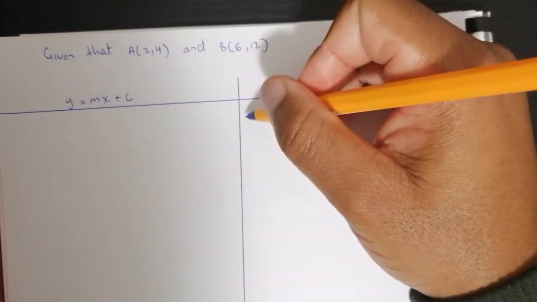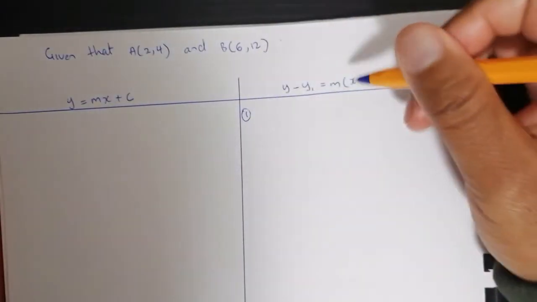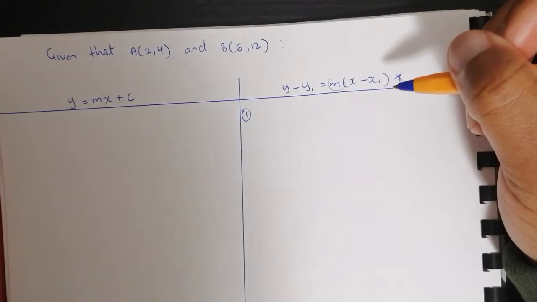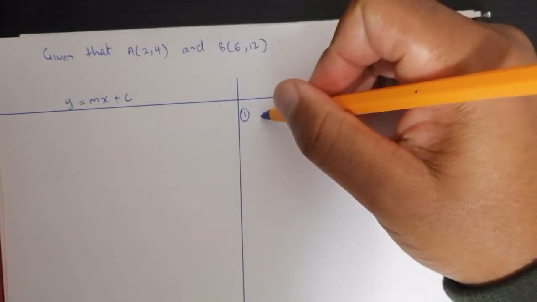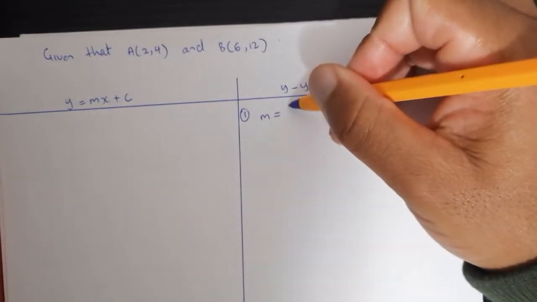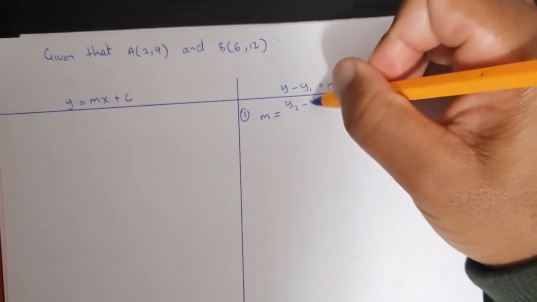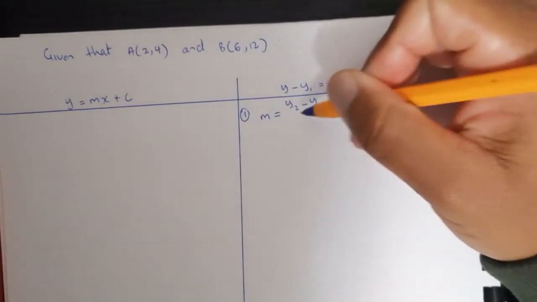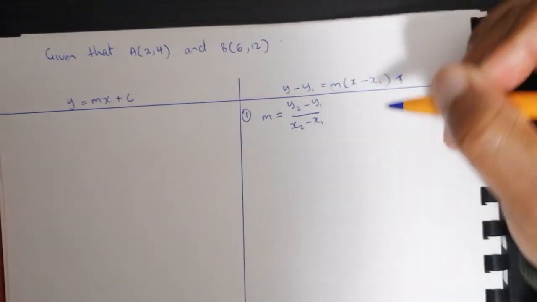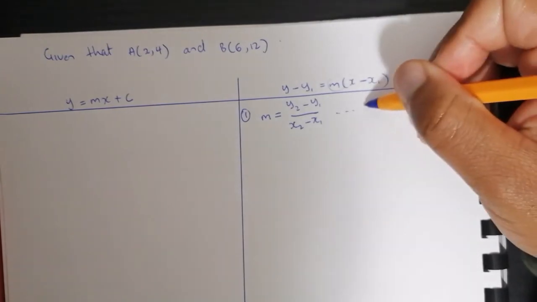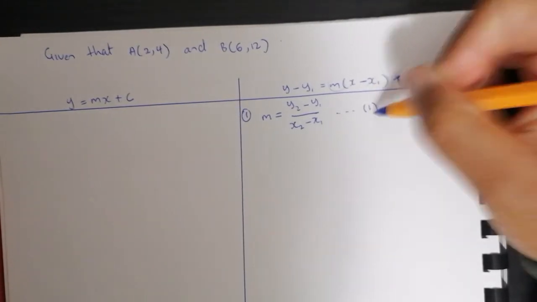So starting off, the first step, we need to find the gradient. So in our previous example, we said m equals y2 minus y1 over x2 minus x1. So I'll just call that equation 1.